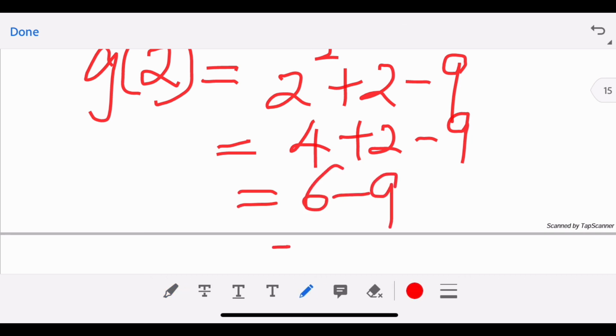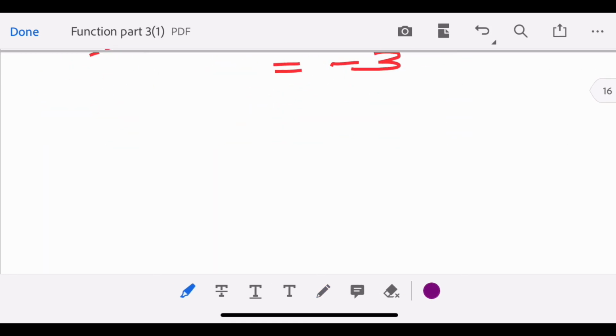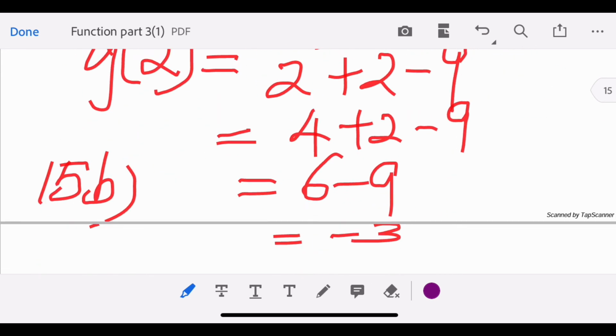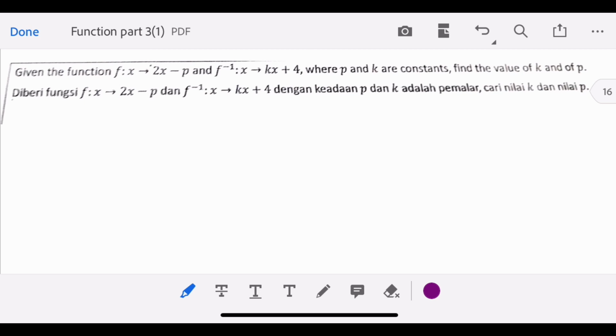Which is negative 3. The answer for question number 15b is negative 3. This is 15b, answer is negative 3. Do not substitute 5 into the g, substitute the 2. Okay, settle.